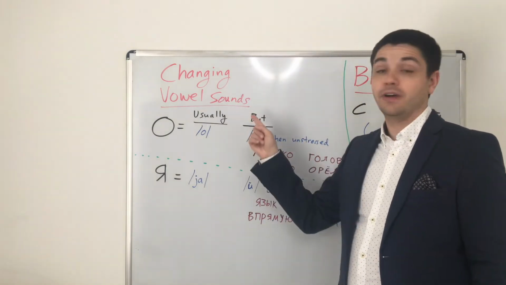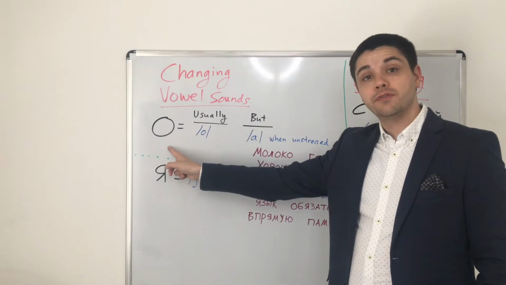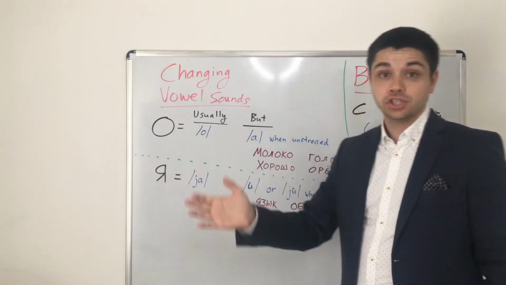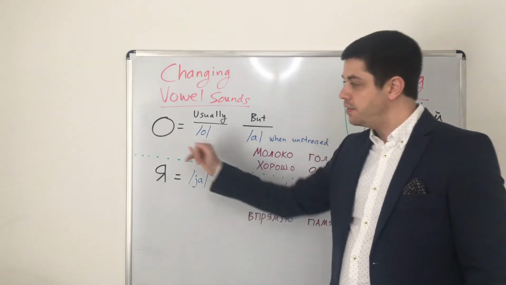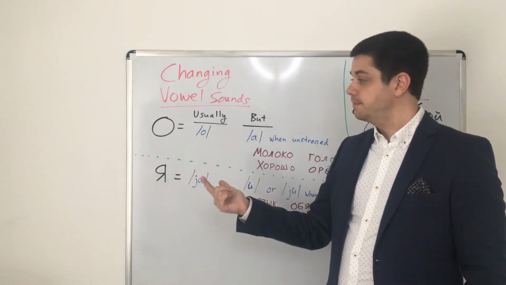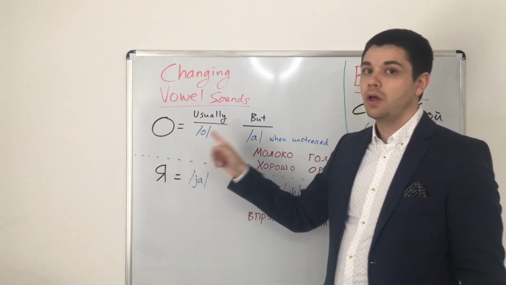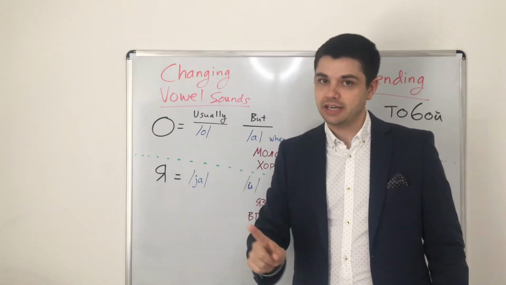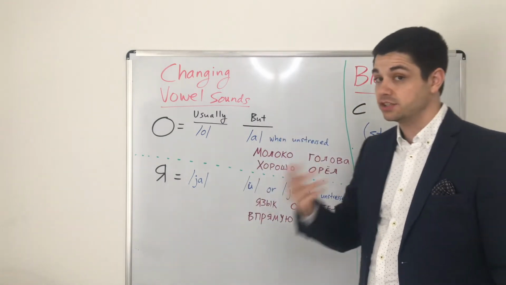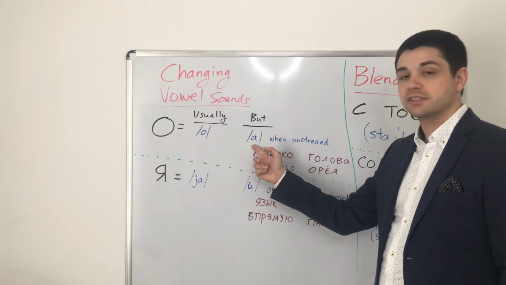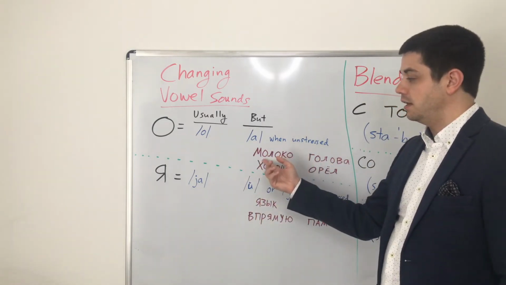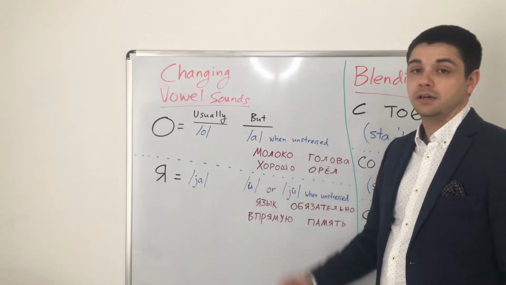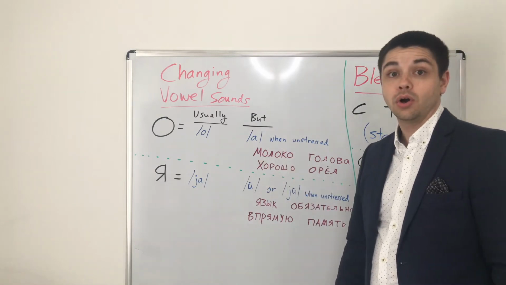So, changing vowel sounds. First of all, the vowel O, which in Russian is usually pronounced O. This changes, right? It's usually O, but when it's in an unstressed position, when it's unstressed in the word, it sounds like a different vowel, like in this word, молоко.